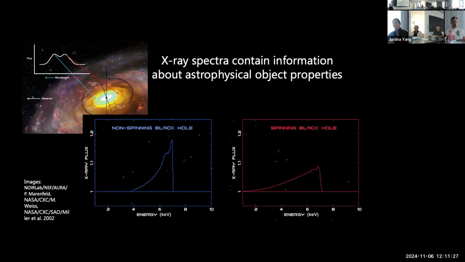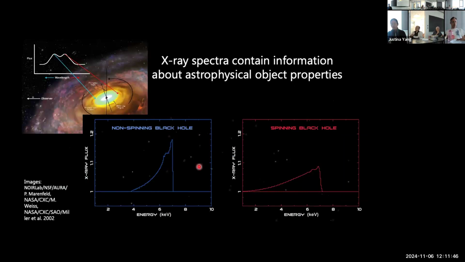X-ray spectra contain information about the physical properties of the astronomical object that you're interested in. In this particular example, the two images here are showing spectra for black holes with zero spin and non-zero spin.